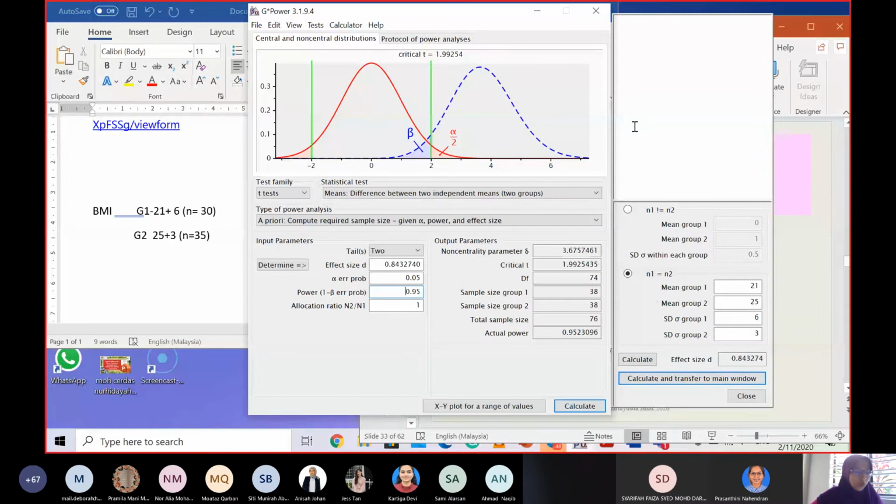Okay. Doctor, yeah, I tried using G*Power based on your example, but why doesn't the output parameters value come out when I put the effect size and then power like that? Okay, because you have to click calculate down here.